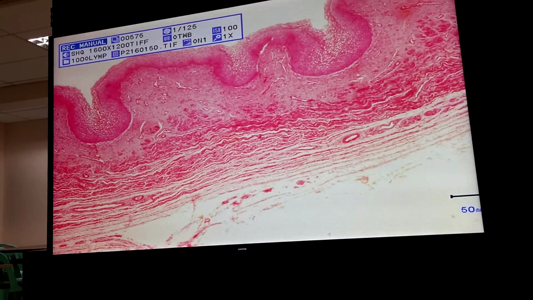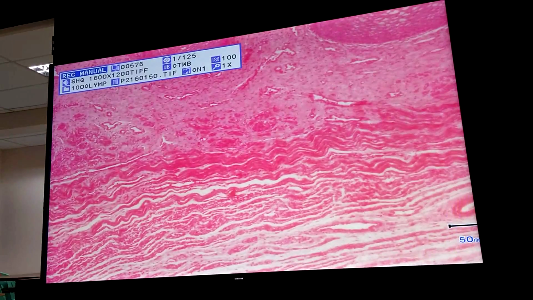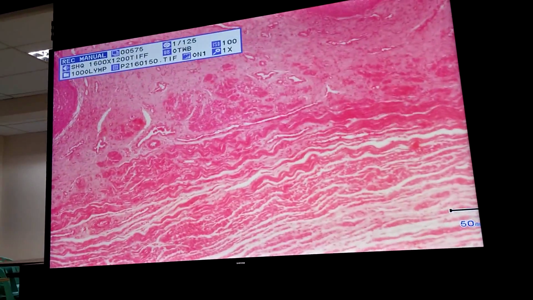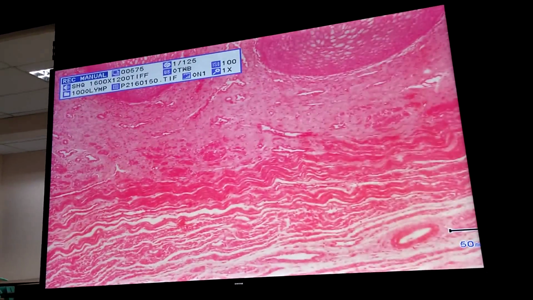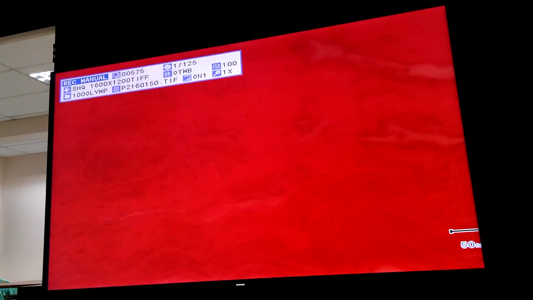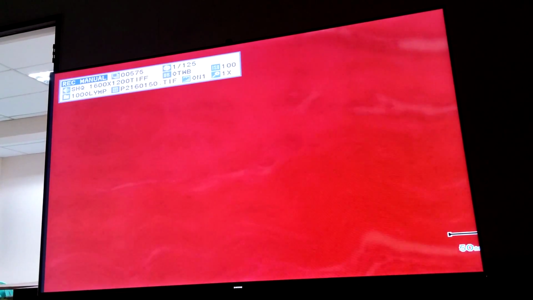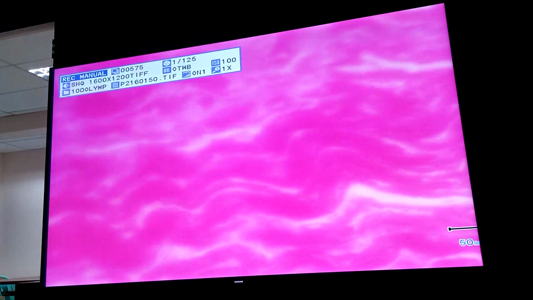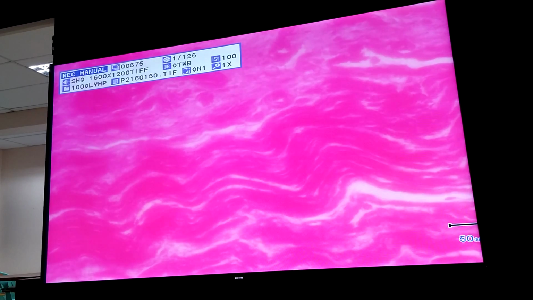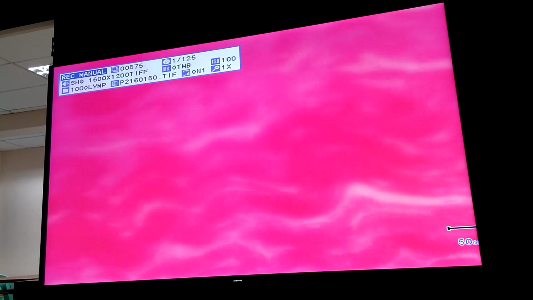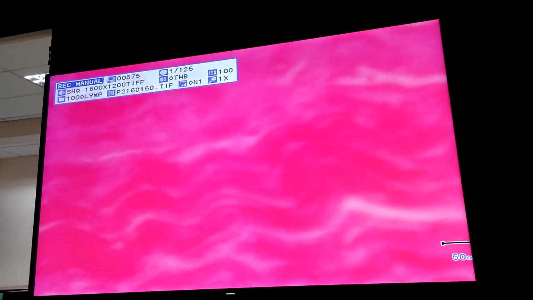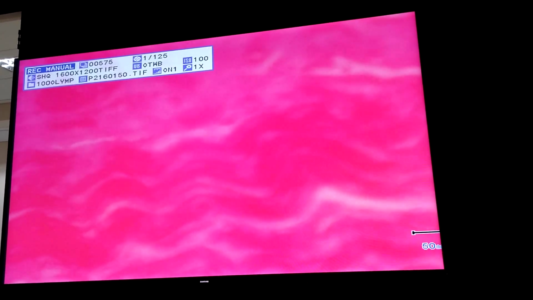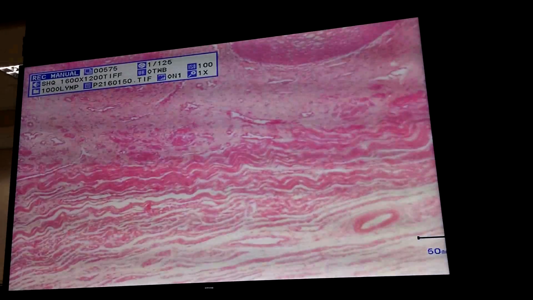Smooth or skeletal? May makita kayong striations o wala? Wala. So, smooth. Kung nakadinig na kayo ng muscle control. Oh, Kegels maneuver.